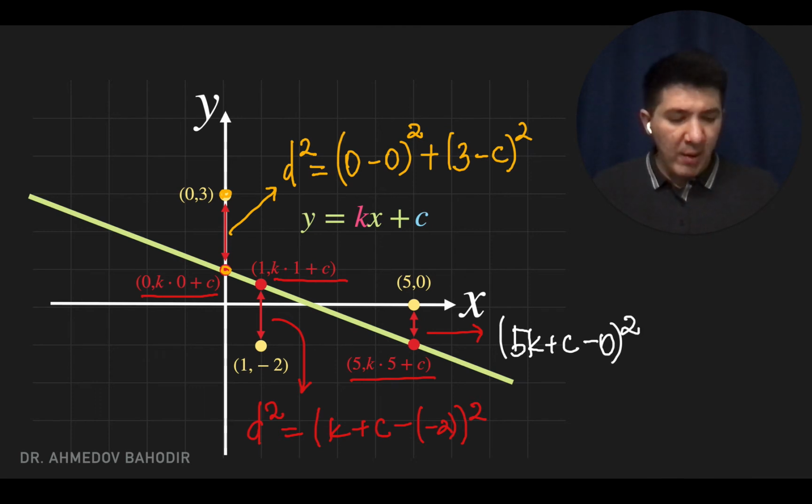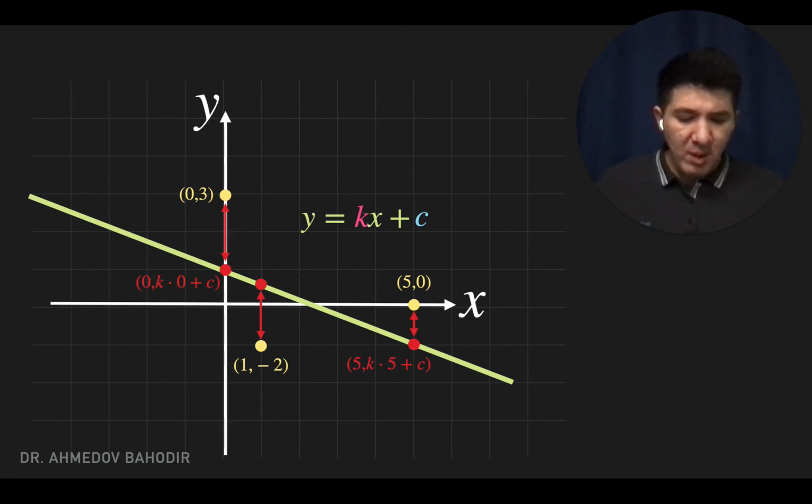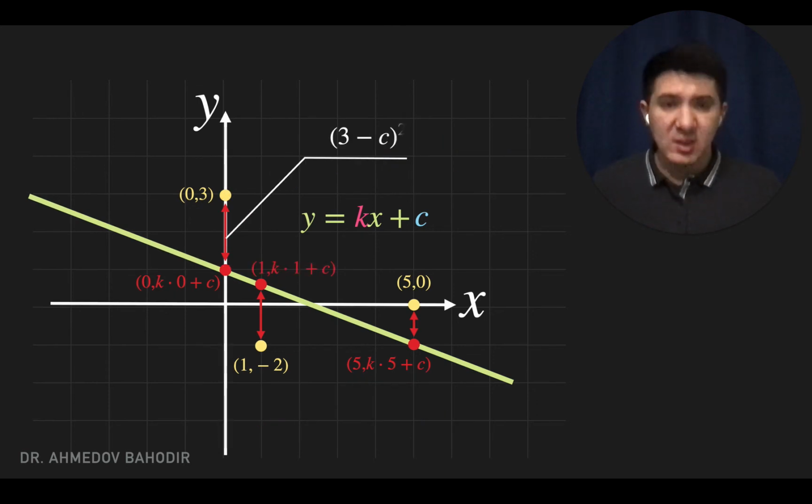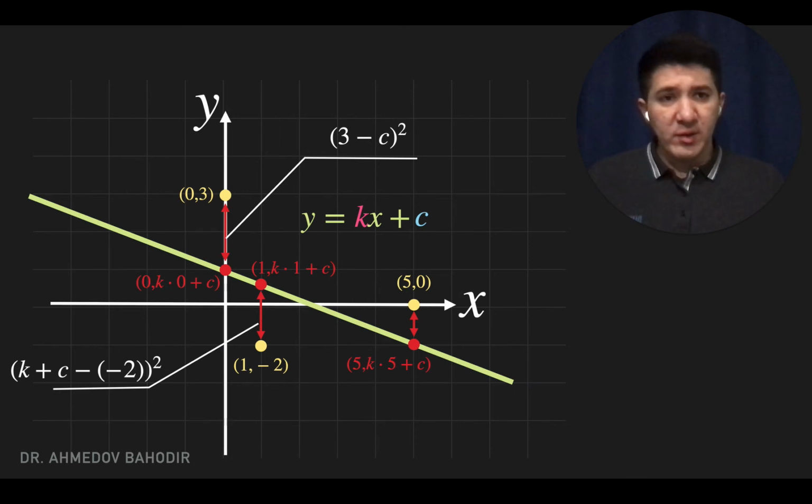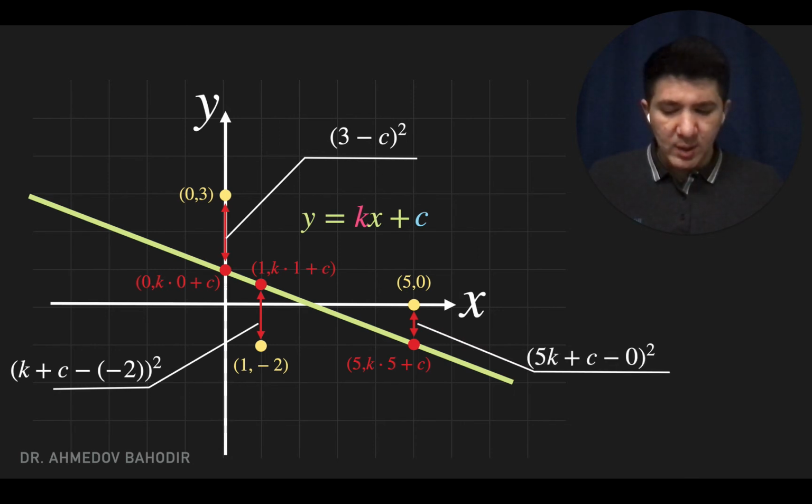Okay, so I found all of these distances, by just finding the simple distance between 2 points in rectangular coordinates. For the first one, it's the difference of the y coordinates, 3 minus c. For the second one, it's going to be like this. And for the third distance, it's going to be like this.